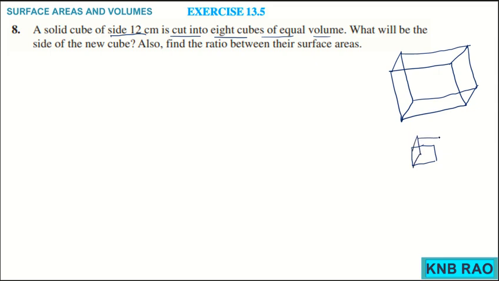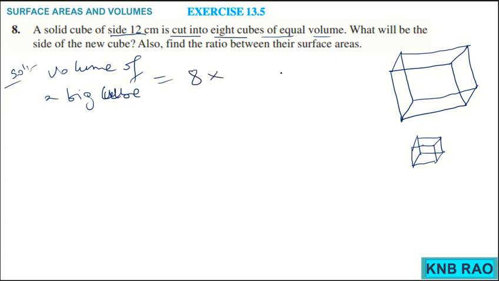And how many of such smaller pieces are there? 8 such smaller pieces are there, of equal volume. So in the solution of this question, volume of a big cube is equal to 8 such smaller cubes' volume.